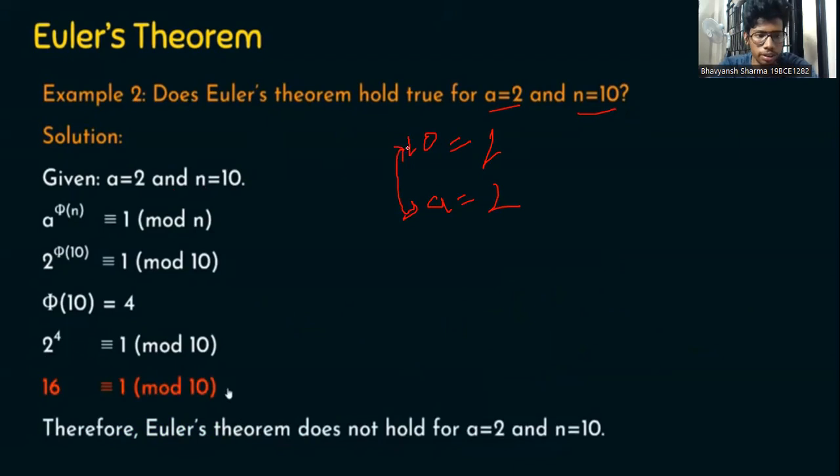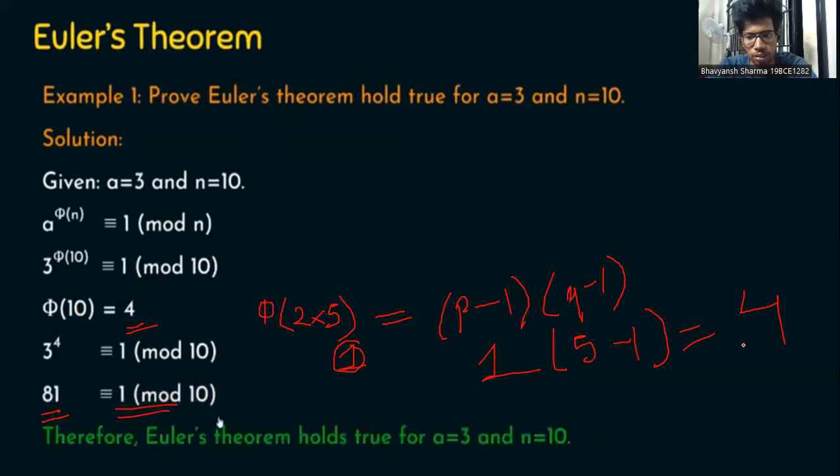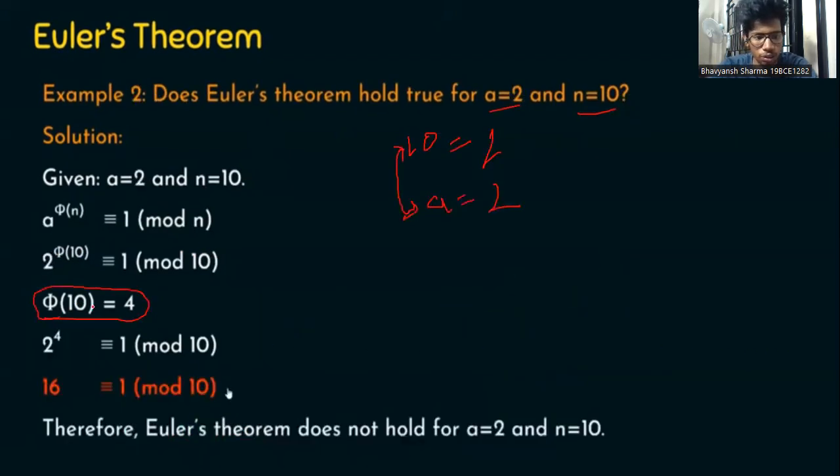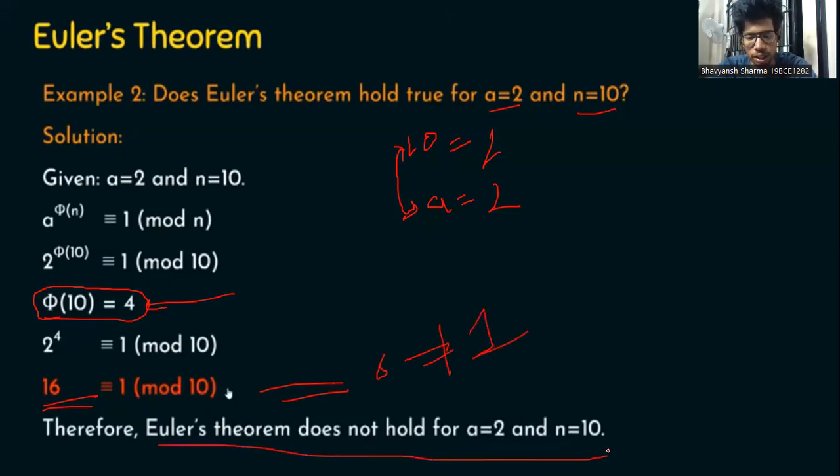Now, let's understand it. 2 to the power phi(10) is congruent to 1 mod 10. Phi(10) is equal to 4, the value that we calculated earlier. So 2 to the power 4 is nothing but 16. 16 modulus 10 gives us 6, which is not equal to 1, and hence Euler's theorem doesn't hold.